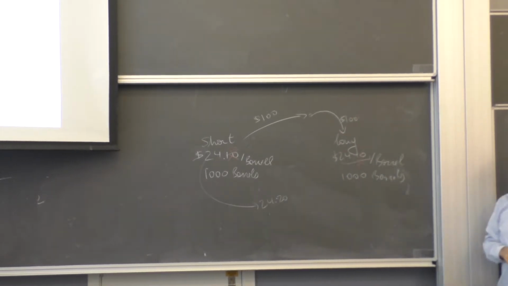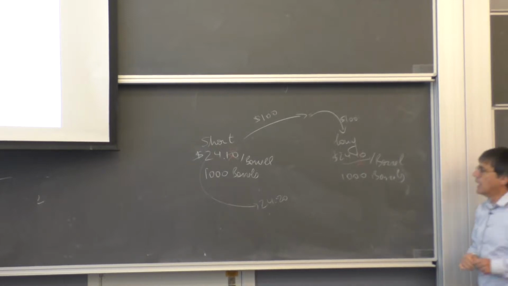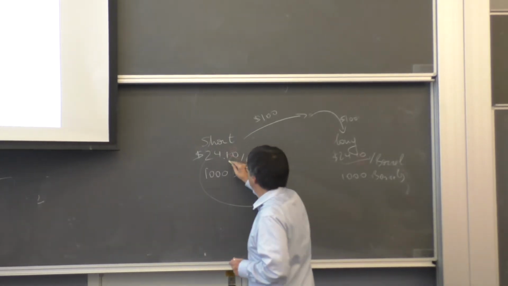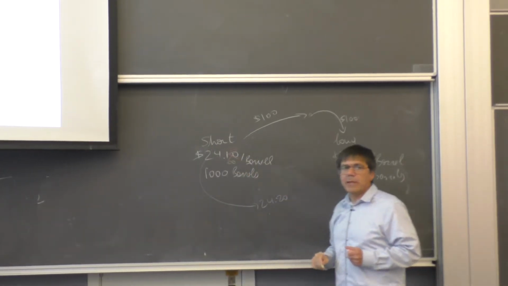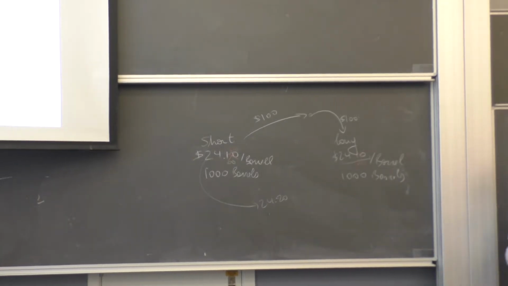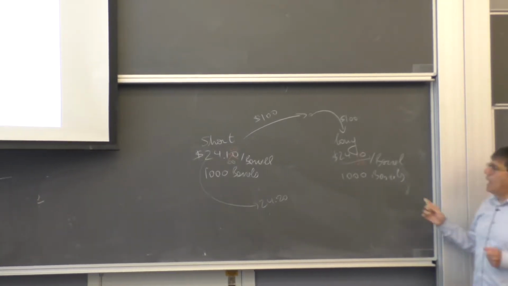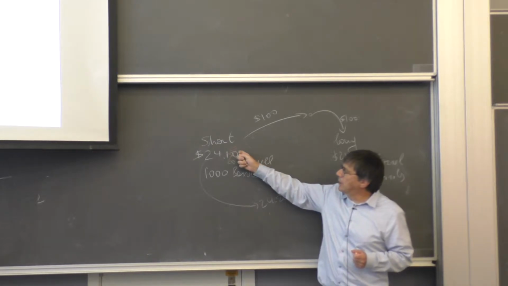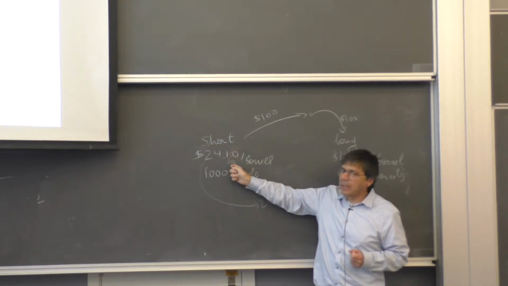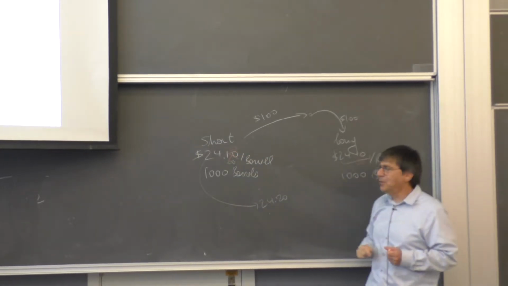Okay? And now, suppose that the next day, there's a lot of trading, prices go up, prices go down. The new closing price for barrels of oil is 24. And I'm really, really happy because now I have the right to deliver this oil at 24.20 while everyone else is getting 24.